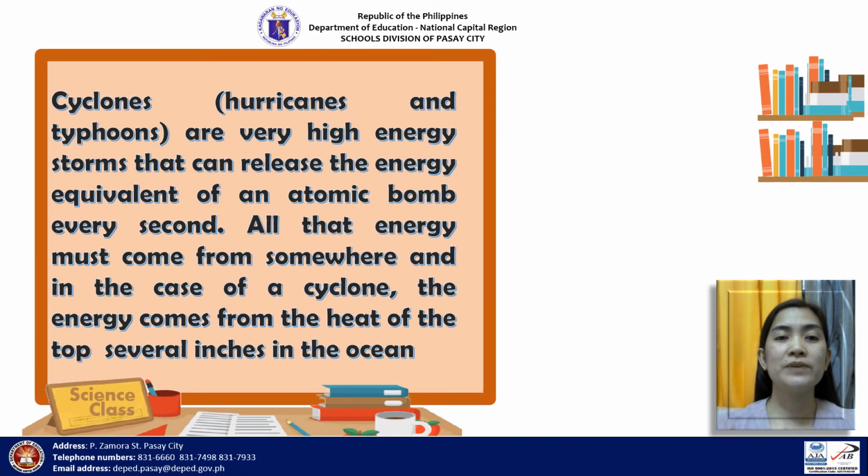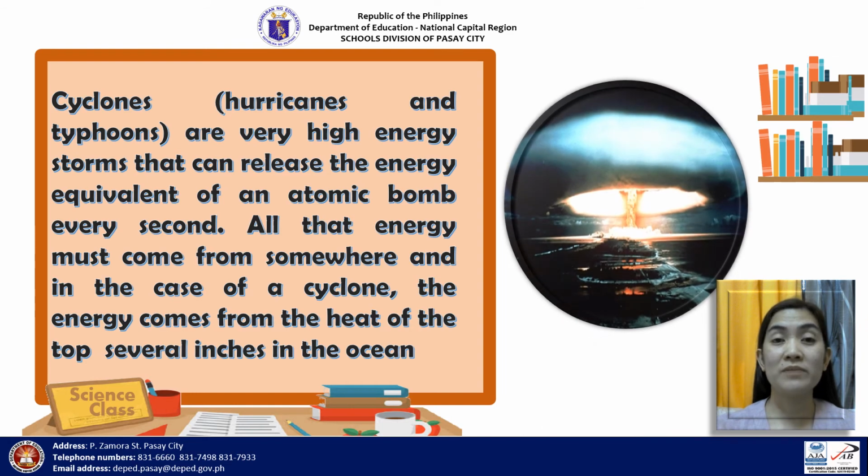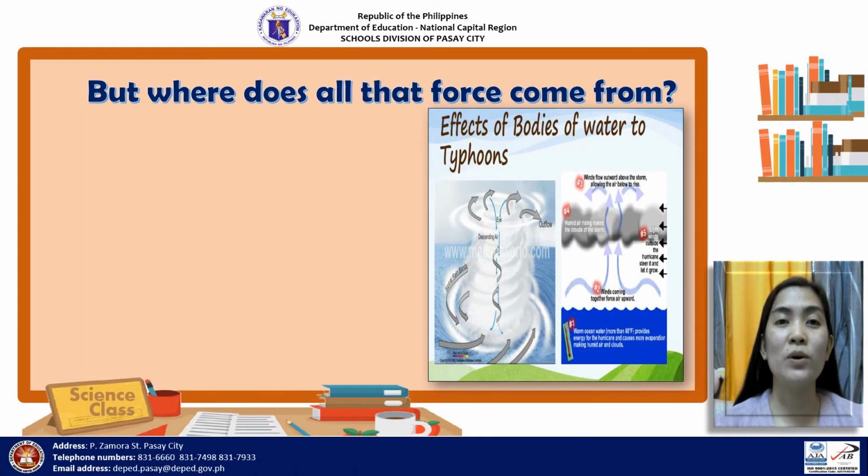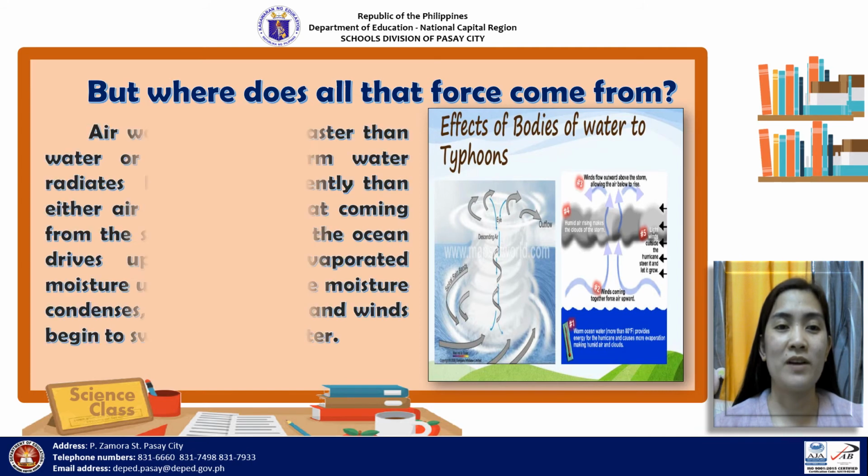Cyclones, hurricanes, and typhoons are very high energy storms that can release the energy equivalent of an atomic bomb every second. All that energy must come from somewhere, and in the case of a cyclone, the energy comes from the heat of the top several inches of the ocean. But where does all that force come from?